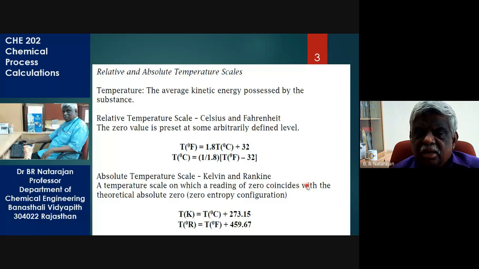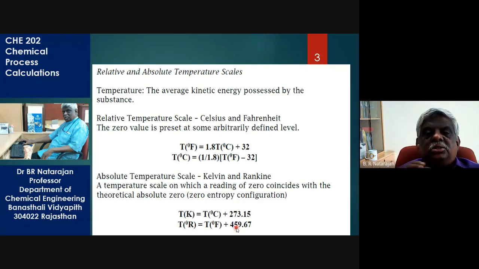For absolute temperature, you have Kelvin and Rankine. This is a scale where the reading 0 coincides with theoretical absolute 0. You know about absolute 0 from the thermodynamics course you studied in the first year, the zero entropy configuration.